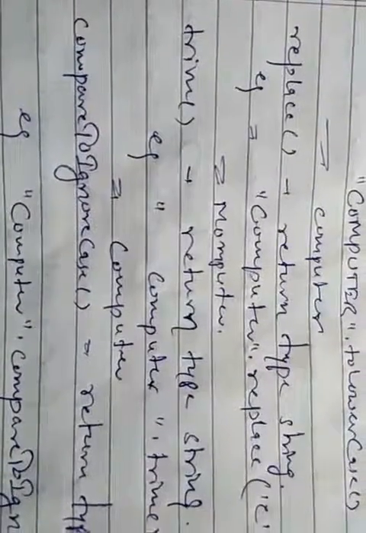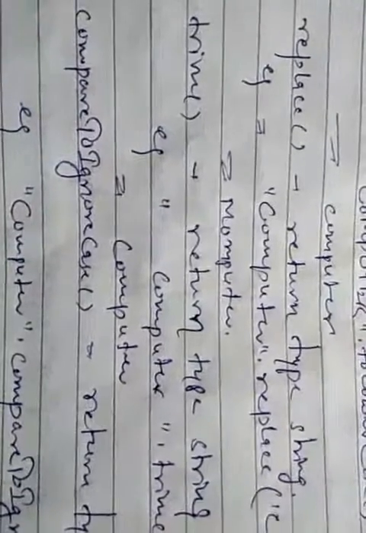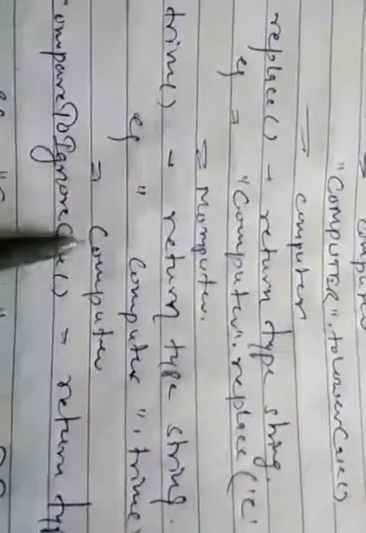C will be replaced by capital M. Next function is trim. This function removes leading and trailing spaces, and the return type of this function is a string. So here these are the leading spaces, here are the trailing spaces, .trim, then we are getting the answer only computer. And the last function is compareToIgnoreCase.